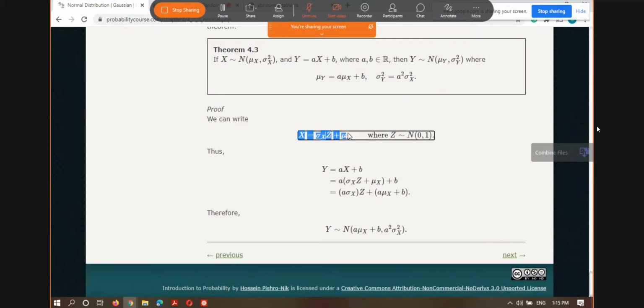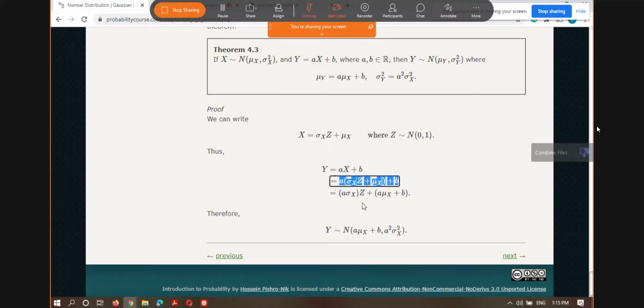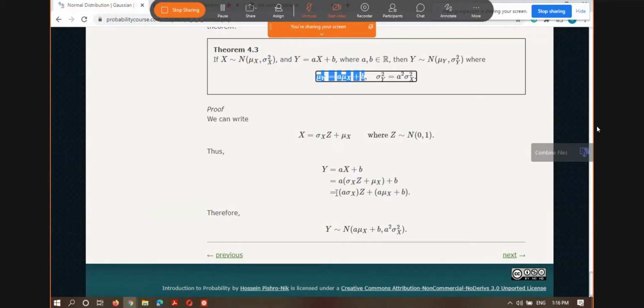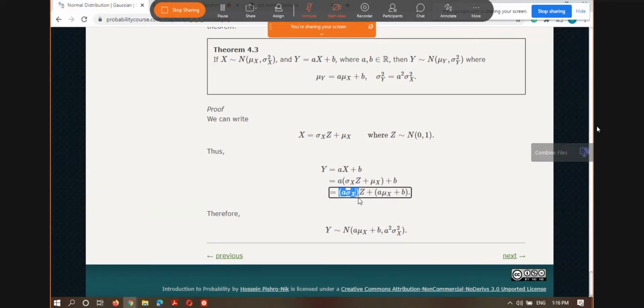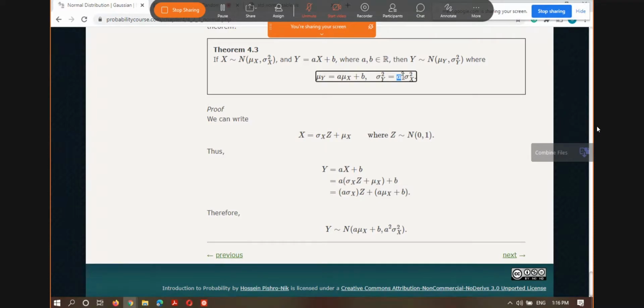So we know that x can be written in terms of the standard normal variable like this, and then we substitute this value of x in this expression. If we substitute, we will get this one, and after simplification, you will get this one. So here this becomes the sigma for the new random variable y, and this becomes the mean. So the mean is a mu x plus b, that is mu y, and where this is sigma, its square is the variance, so a square sigma x square is the variance.